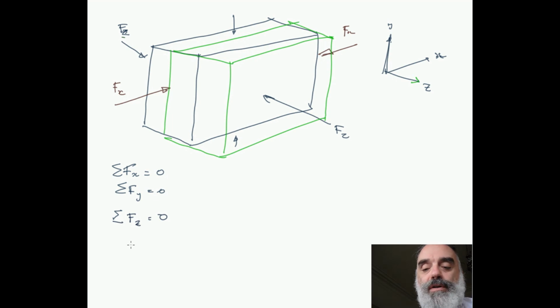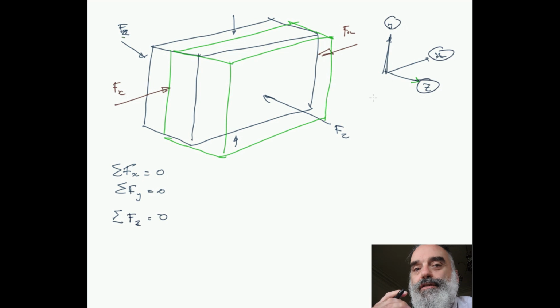So at the moment our model is just a global model. We're looking at the global actions on this structure, preventing it from sinking into the ground, so forces in the y direction, or sliding along the ground in the x direction, or sliding forwards in the z direction. And as designers, we need to consider those.